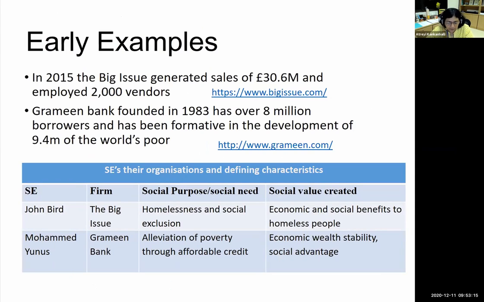I think these are a couple of the early examples that many people may be familiar with. The Grameen Bank, I think most audiences in India would know about this. This was started, I think, in 1976 in Bangladesh. Founder Muhammad Yunus won the Nobel Peace Prize.